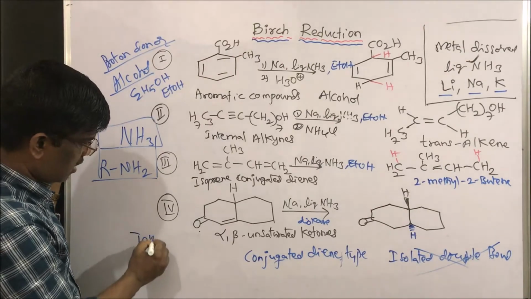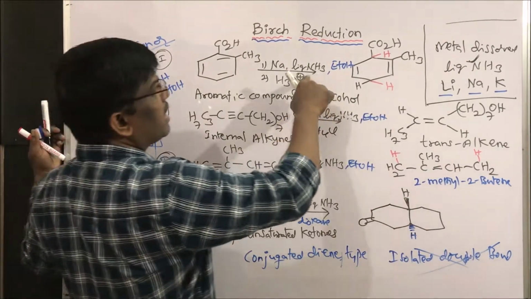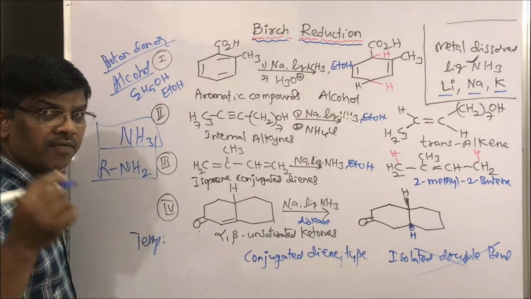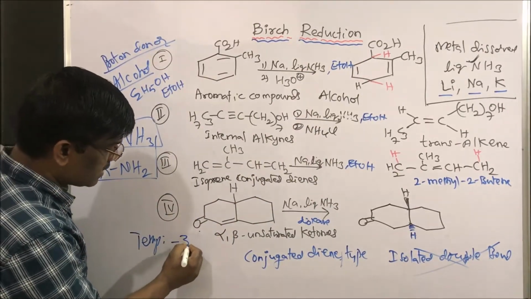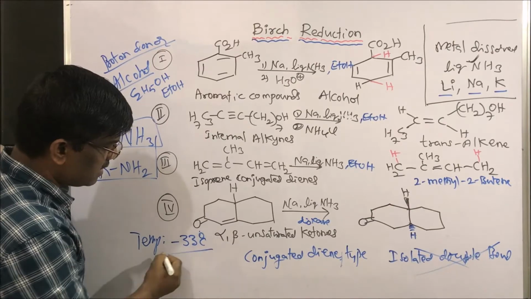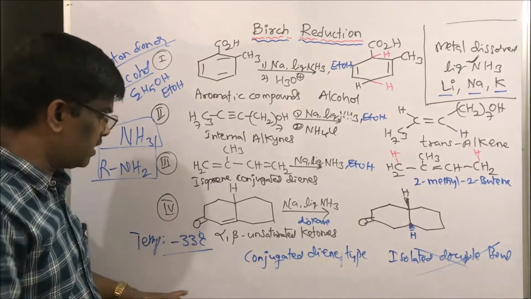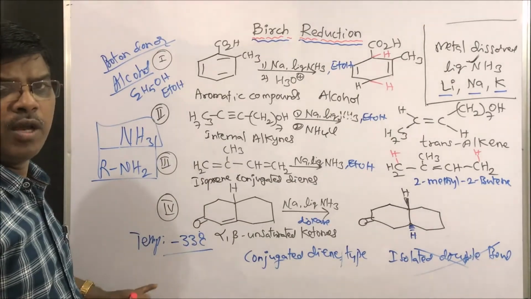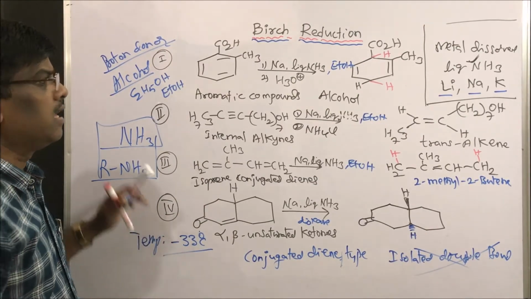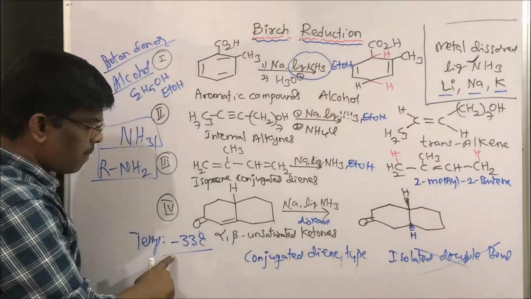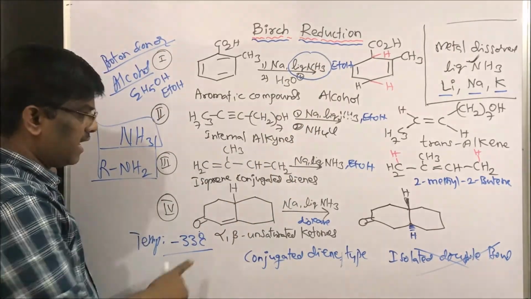Since we are doing the reaction in liquid ammonia, the boiling point of ammonia is minus 33 degrees centigrade. That means it must be done below the temperature of minus 33. If we are doing it in liquid ammonia, we have to do it below minus 33 degrees centigrade.